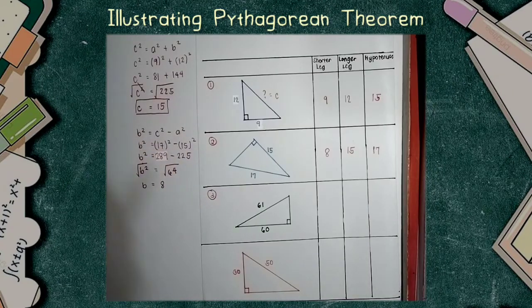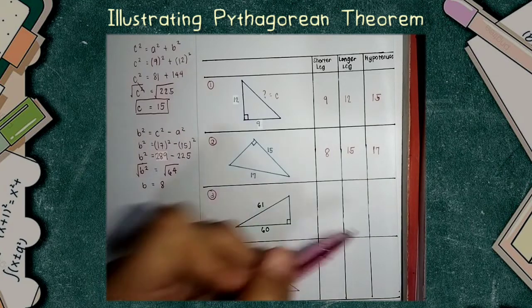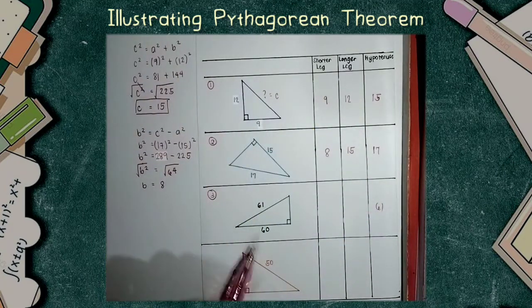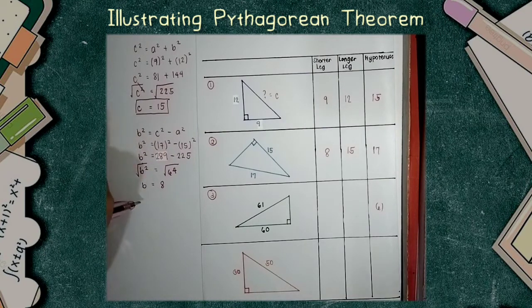Example number 3. So, the given is the hypotenuse 61 at yung isang leg natin. 61 yung ating C. So, syempre, pwede natin gamitin ulit yung B squared equals C squared minus A squared.